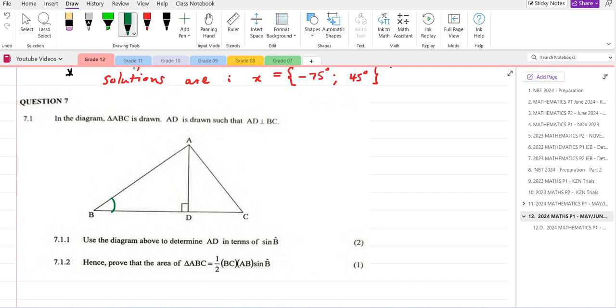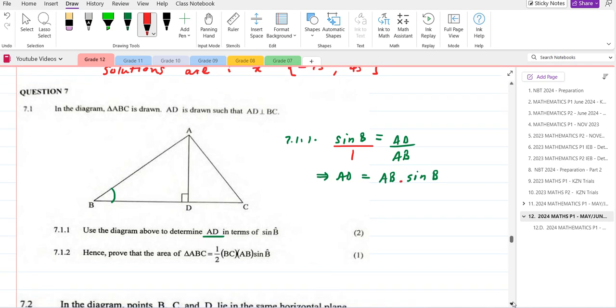So you're going to say 7.1.1 sine B is equal to AD over AB. So what did they want? They wanted AD. So what is AD? This implies AD is now equal to, cross multiply, AB sine B. What do I mean by cross multiply? There's a 1 here. 1 times AD is AD, sine B times AB is AB sine B. I hope you understood that.